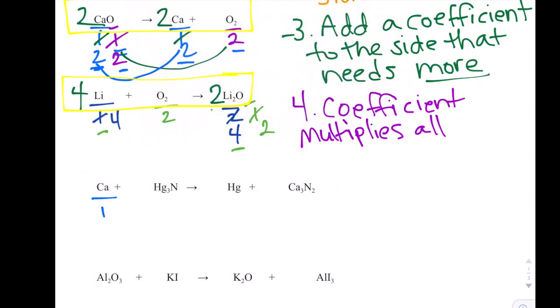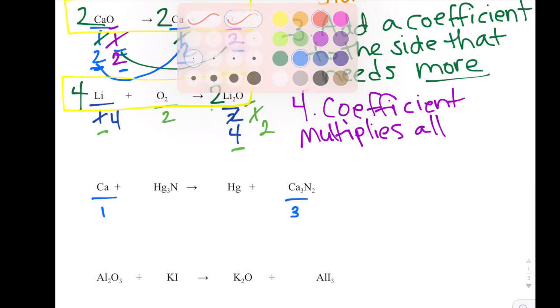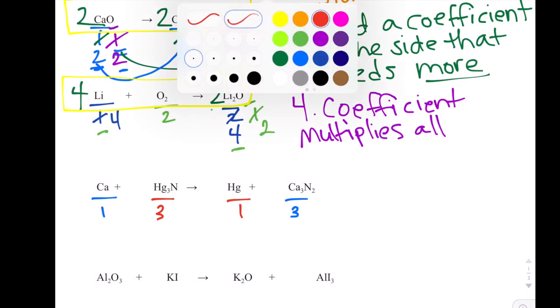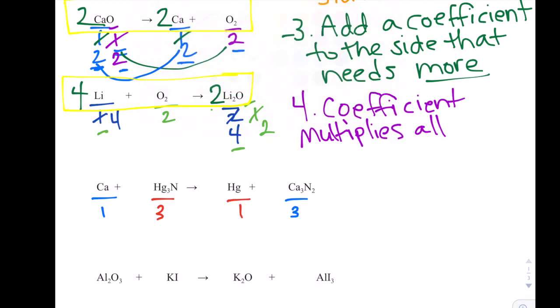Ca 1, jump over, Ca 3, Hg 3, jump over, Hg 1, N 1, jump over, N 2. Now, they're all different, aren't they?